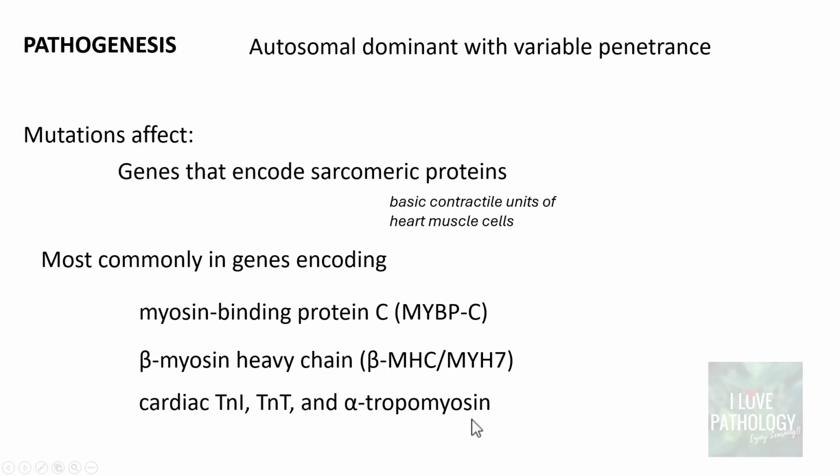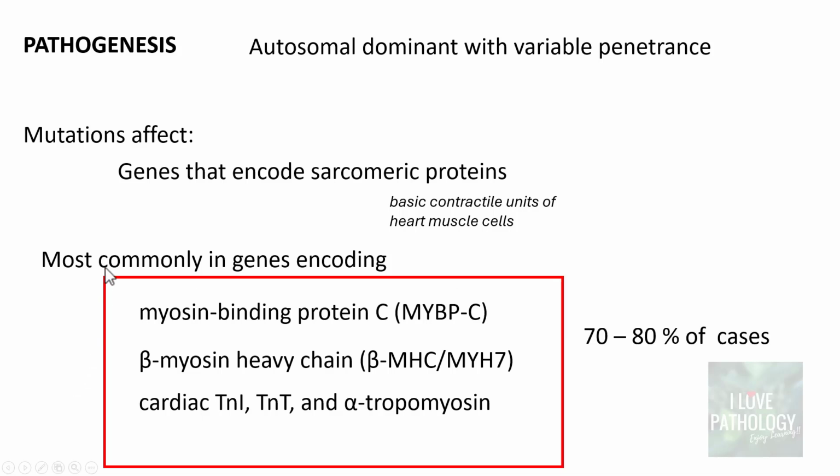So in 70 to 80% of the cases, it would be the genes affecting either of these proteins. So what you need to remember, the basic pathogenetic mechanism is mutation involving the genes which encode sarcomeric proteins.